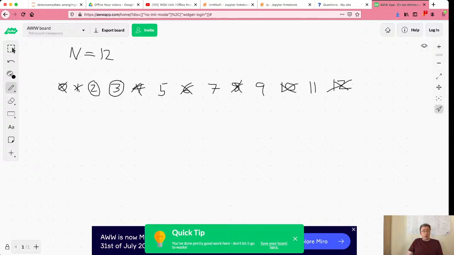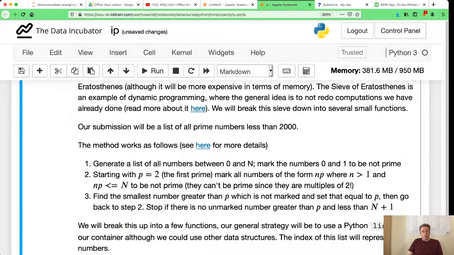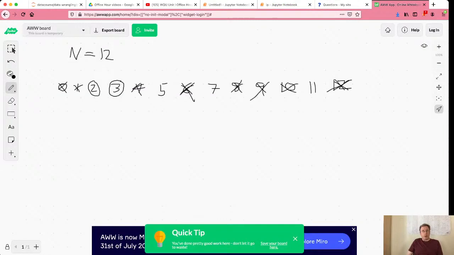I mark out 6, I mark out 9, I mark out 12. And then I repeat this, right? Find the smallest number greater than p, which is not marked. I marked out 6, I marked out 9, I marked out 12, because they're all positive multiples of 3.